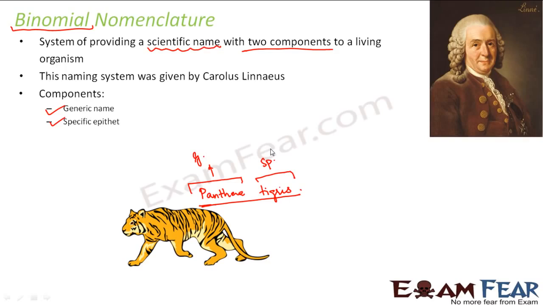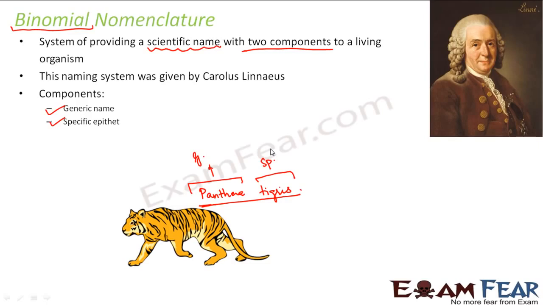Now, we will talk about genus and species in detail as we go ahead. But for now, you should understand that every scientific name will have two parts, or two words. One part is the generic name, which denotes the genus to which this organism belongs, and the second part is the specific epithet, which denotes the species of that particular animal, right?